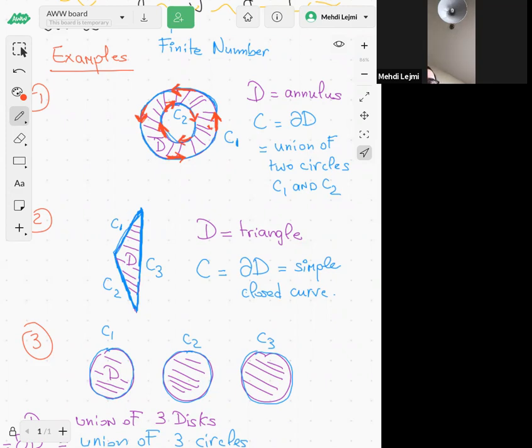Here D is on the left of the orientation of C1 and C2.